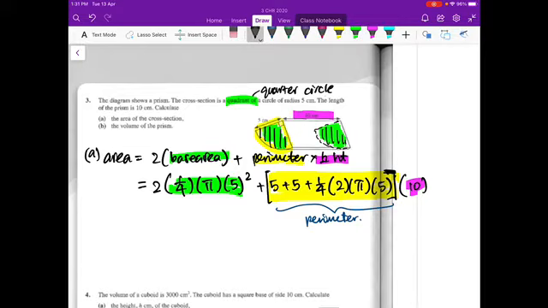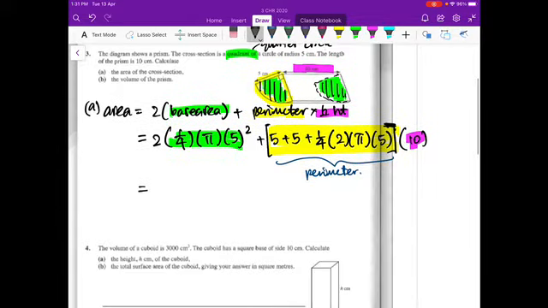Now all that is left is just to calculate. Wow, so much. Where should we start? 5, 10, 10 divided by 4 times pi plus 10 times 10 plus 25 pi divided by 4. 217.809.